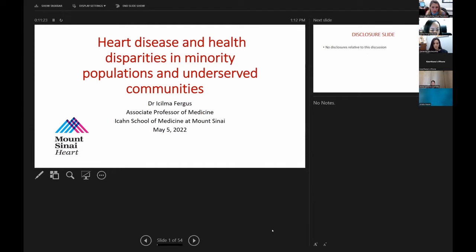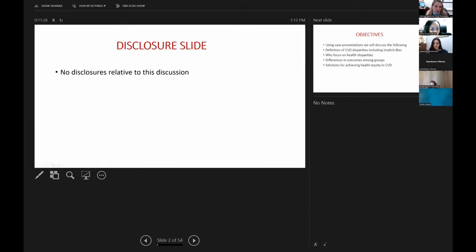Now I see both the first slide and the second slide. If you go to display settings and swap the presenter view, we should see just one slide probably. Okay, what are you seeing now? It just doesn't work for some reason. Just a disclosure slide, right?